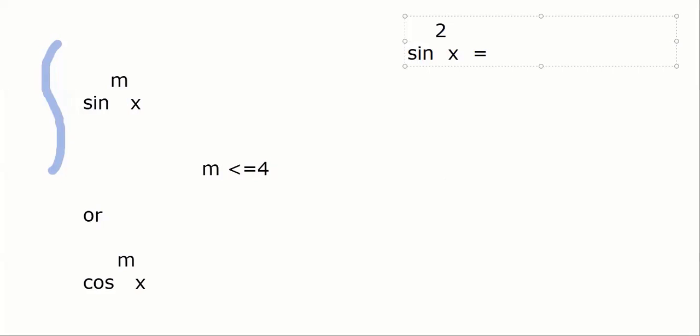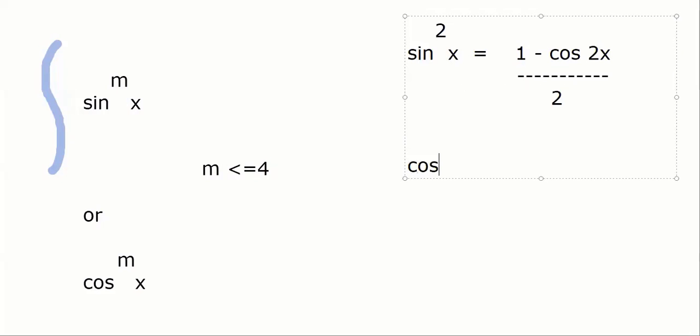Sine square x we always write as 1 minus cos of 2x by 2, and then we know how to integrate this. Or if it is cos square x, we can write cos square x as 1 plus cos 2x by 2. It's a very important trigonometric identity.